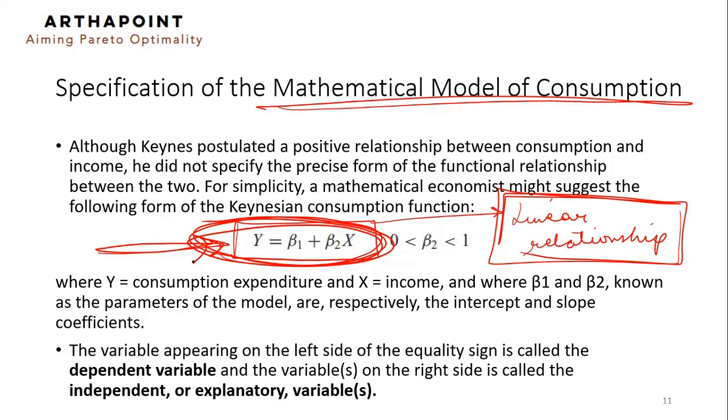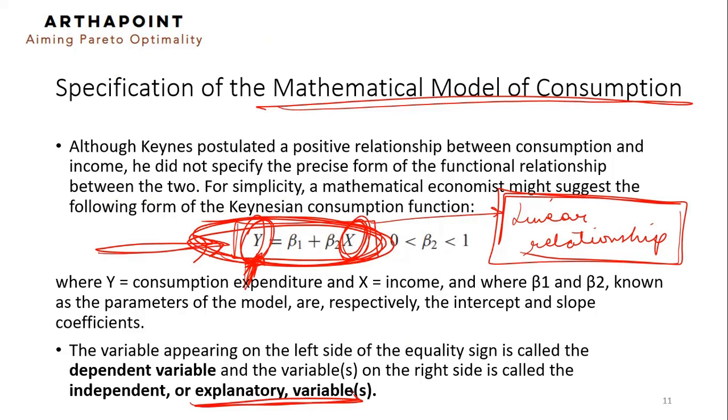Okay, so now whatever is a function of the other thing, this is your dependent variable. The thing that comes here is called the independent variable. The independent variable is also called explanatory variable because it is self-explanatory.